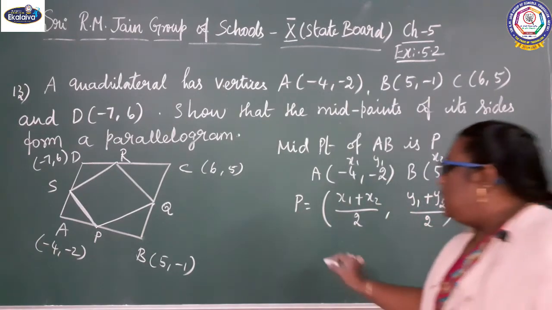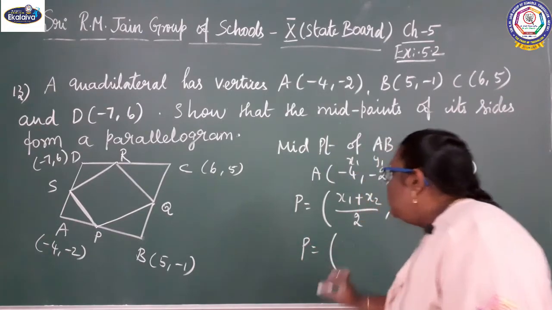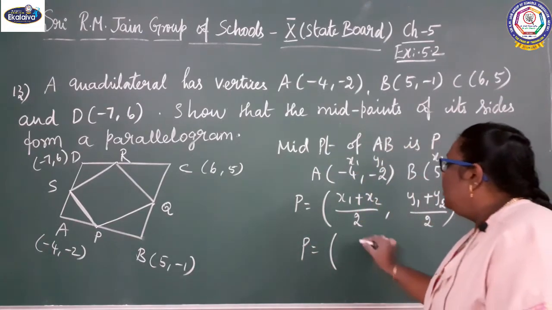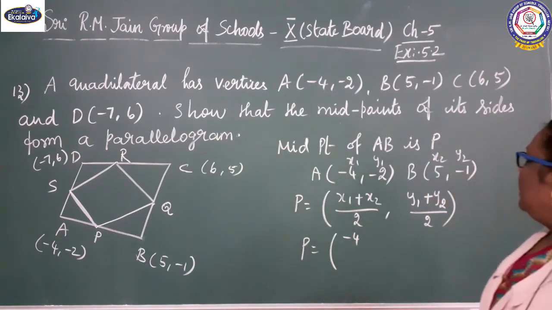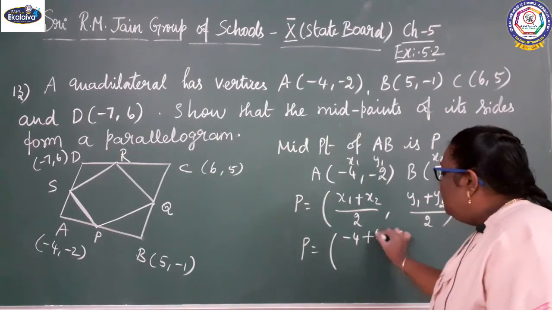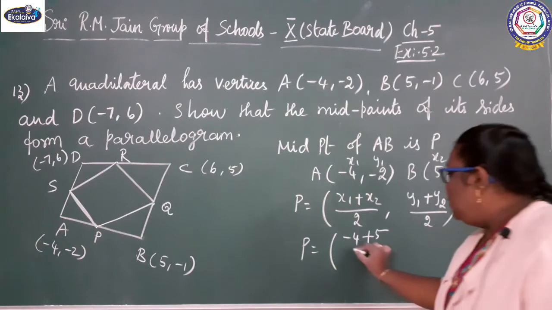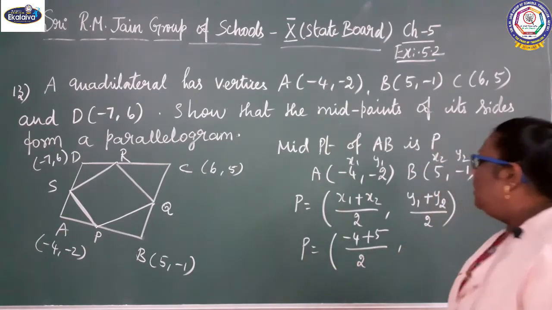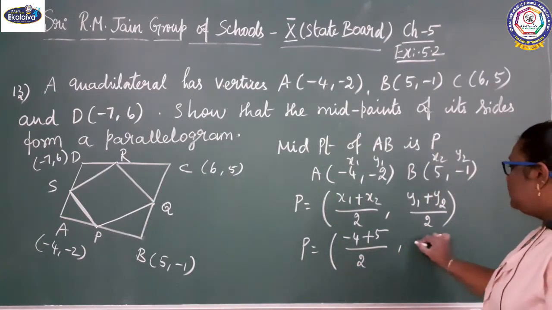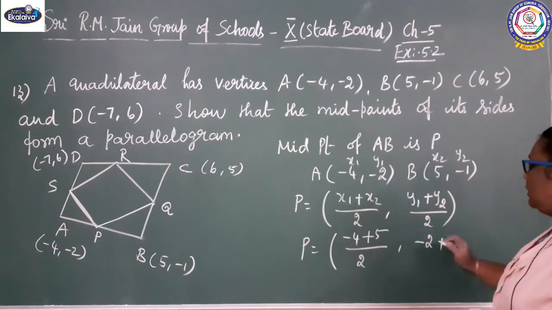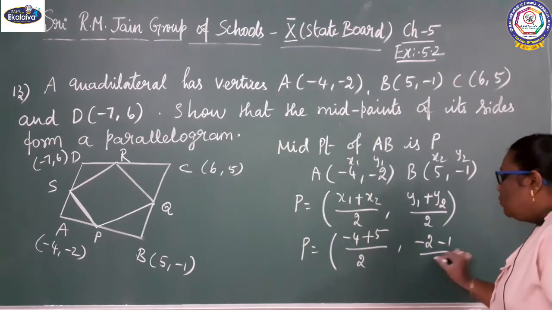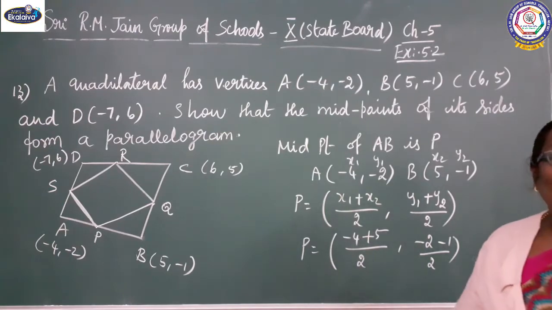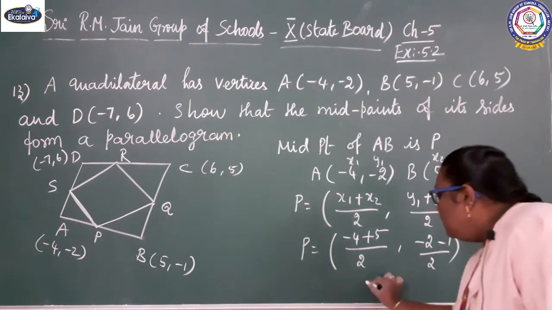So P equals, what is the value of x1 here? Minus 4. x2 is plus 5 by 2, comma, y1 minus 2 plus y2 minus 1 by 2. Then what is the value of P?